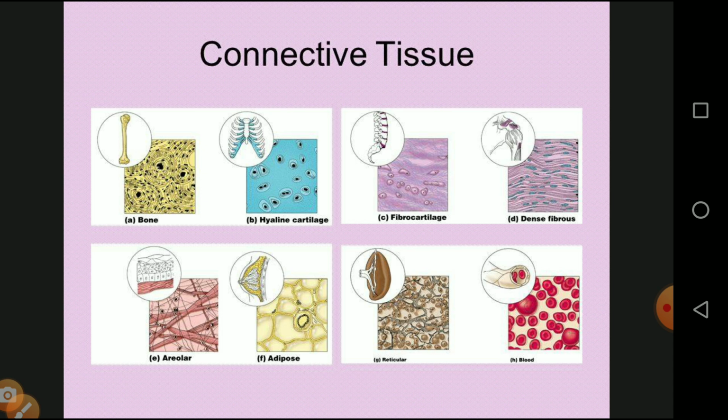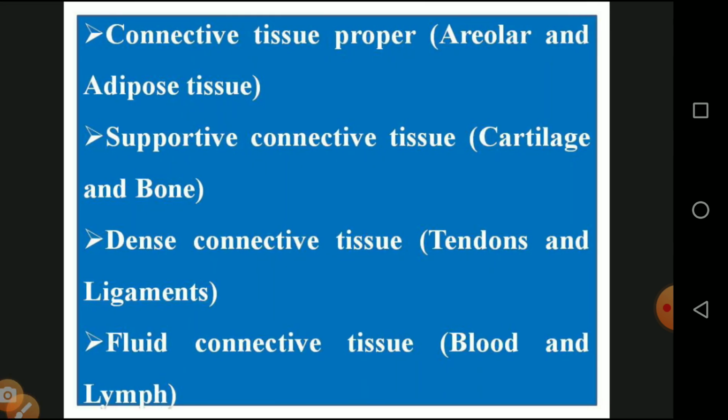These are given in the diagram. Connective tissue proper is in the form of areolar and adipose tissue. Supporting connective tissue has two types, cartilage and bone. Dense connective tissue is in the form of tendons and ligaments. Fluid connective tissue is in the form of blood and lymph.